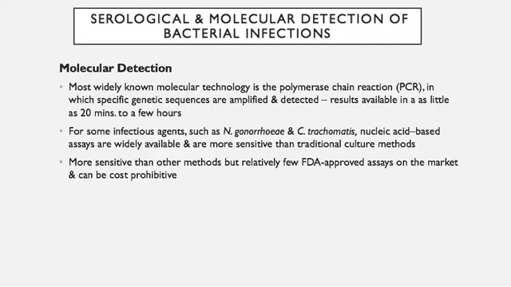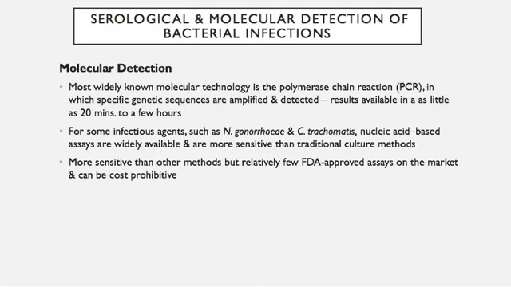The most widely known molecular technology is polymerase chain reaction, or PCR, which we've talked about quite a bit previously, where you've got specific genetic sequences that are amplified and detected.